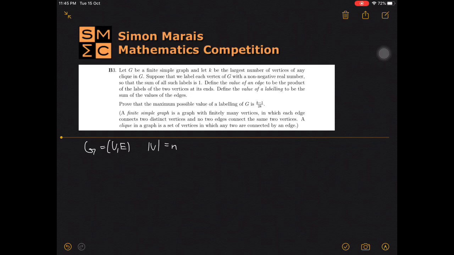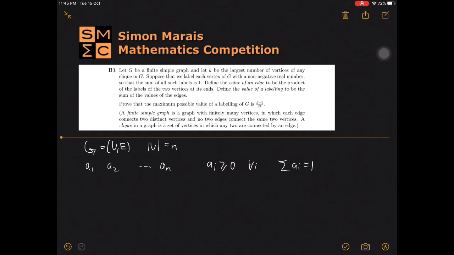So we suppose we label those vertices with a1, a2 to an. We have ai greater than or equal to 0 for i in 1 to n, and we have the sum of ai equal to 1.